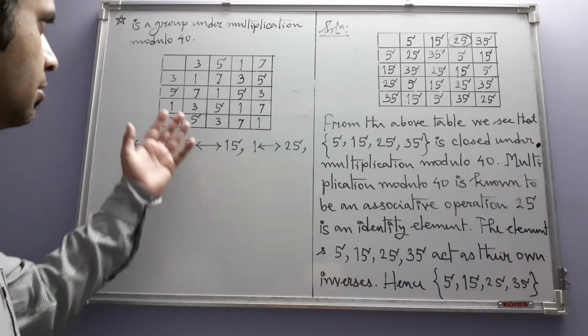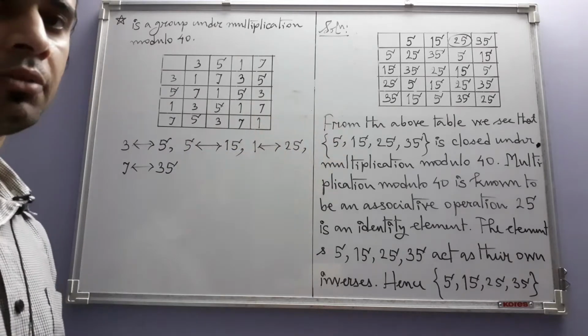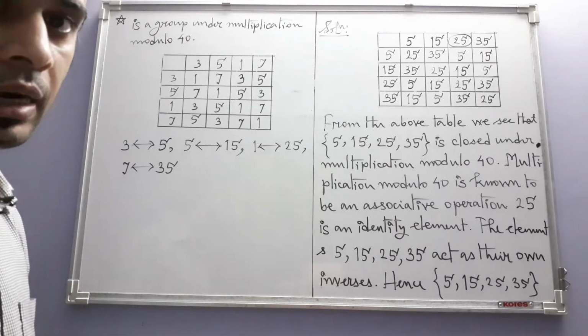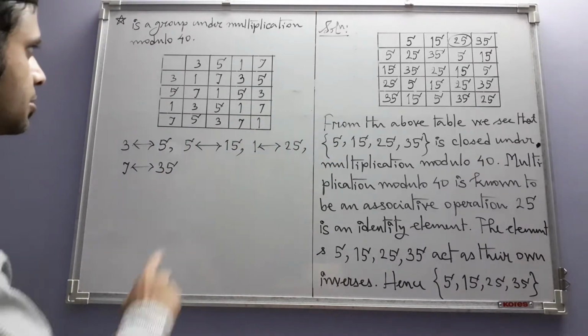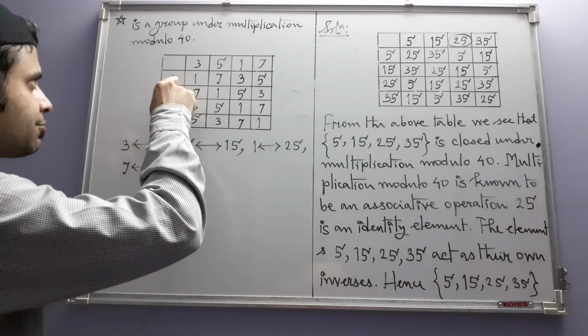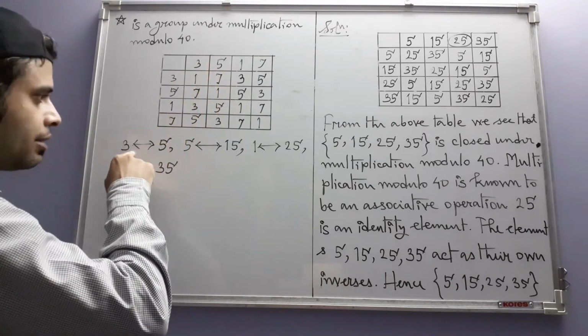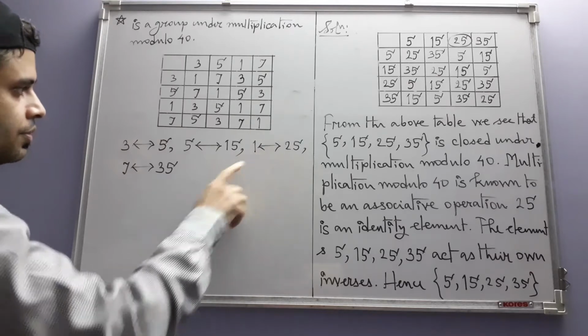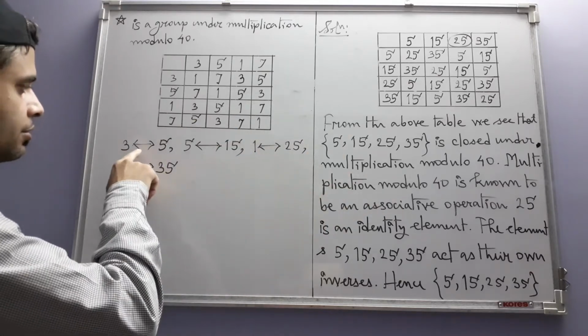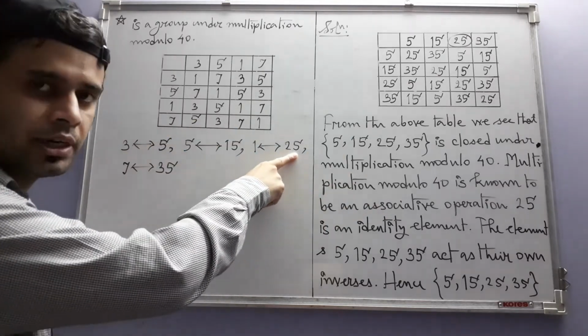Then the composition tables have exactly the same structure. In what sense? Here you have 3 times 3 equal to 1. There you will have 5 times 5 equal to 25.